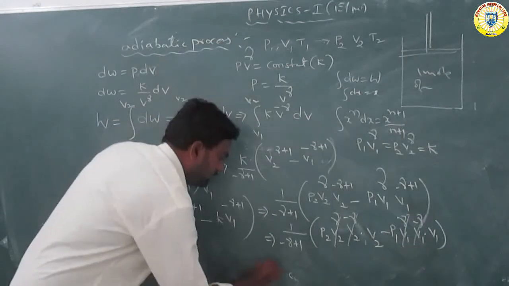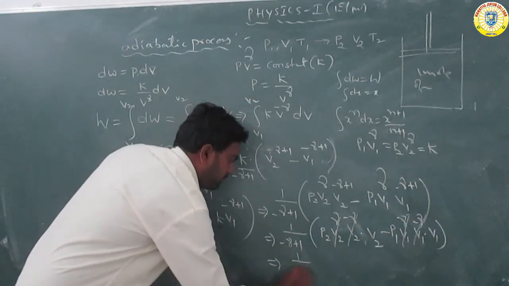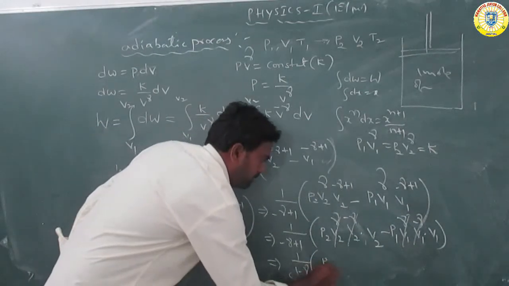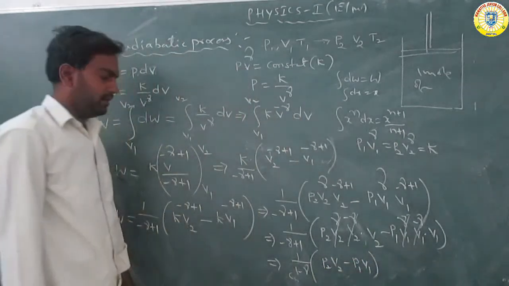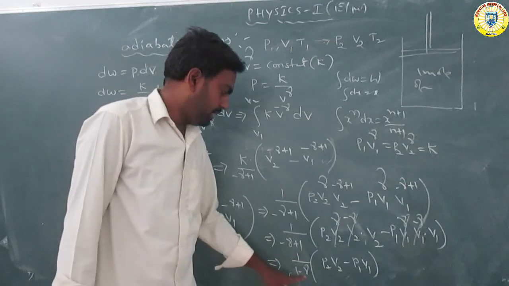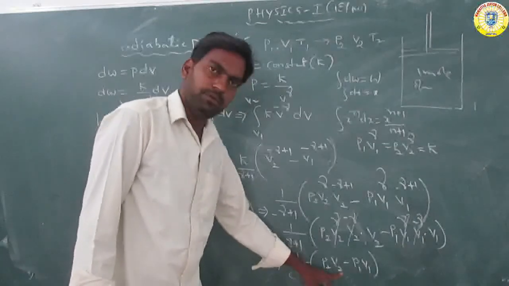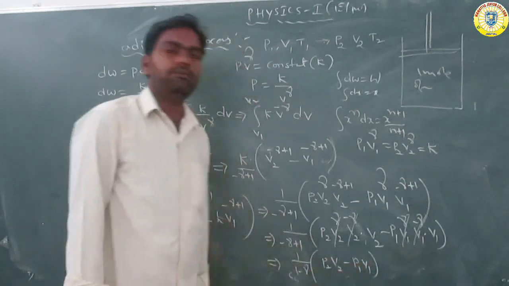So we get W equal to 1 by 1 minus gamma times P2 V2 minus P1 V1.